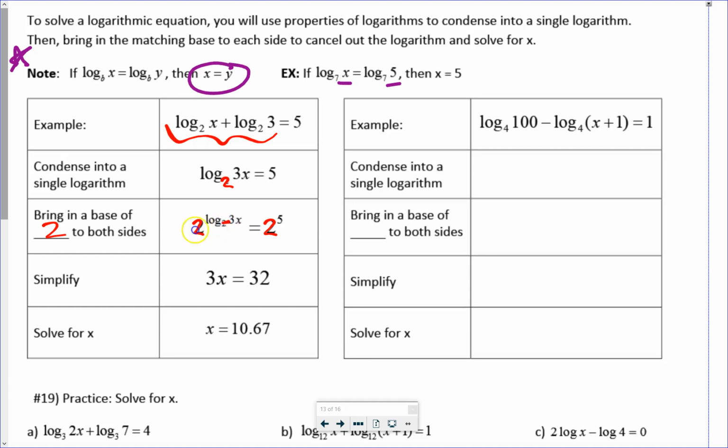Doing that cancels out my logs on the one side. We're left with 3x. Over here, 2 to the 5th is 32. It's not 2 times 5, it's not 10. It's 2 times 2 times 2 times 2 times 2, which is 32. Then our last step here is just to divide by 3 to solve for x, and we get 10.67.